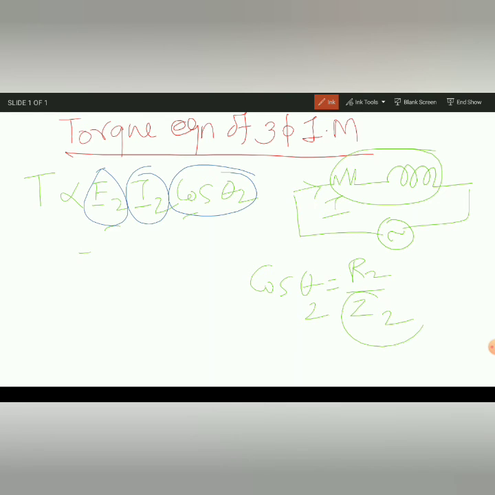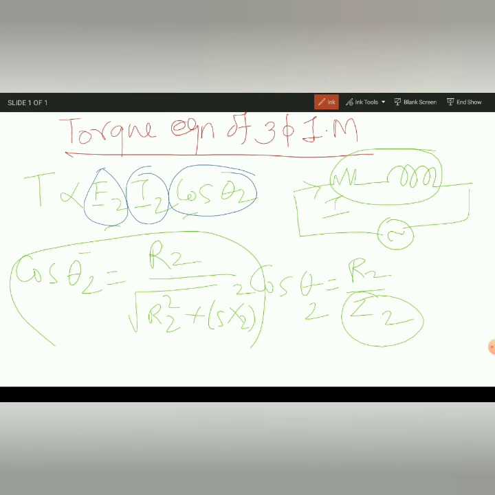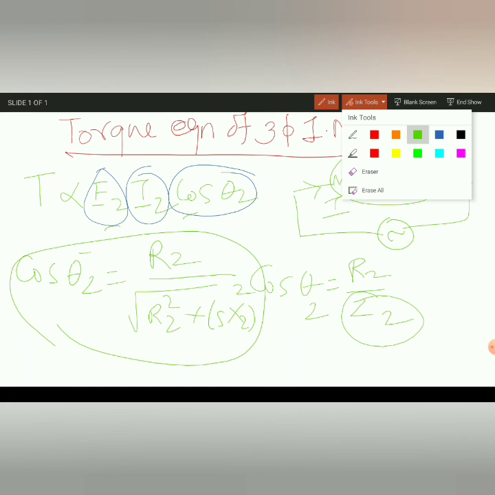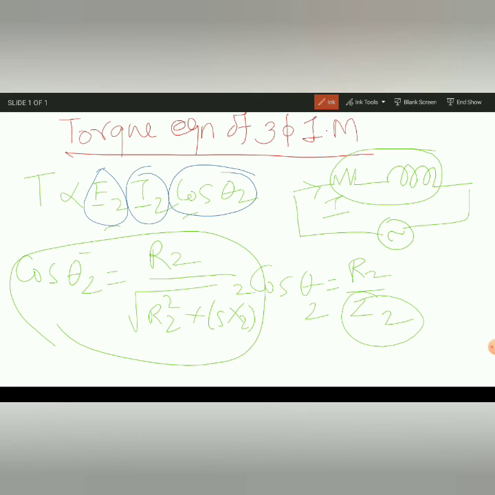Then again, what is Z2? We already saw. So now cos theta 2 is equal to R2 divided by root of R2 square plus S X2 the whole square. Now we have to substitute this and the previous I2 here, and you will get the torque equation.